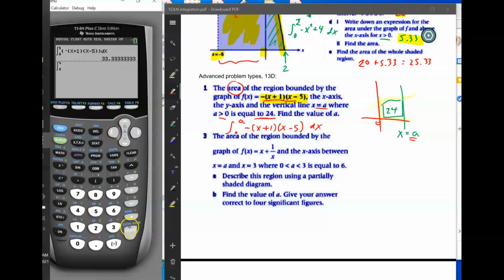Okay, 4. And 4 is indeed slightly smaller, but it's still not 24. So let's try 3.